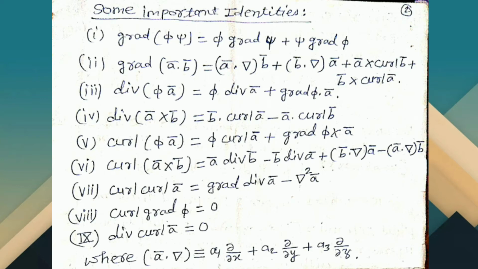Number five, curl of phi a bar is equal to phi curl a bar plus gradient phi cross a bar.